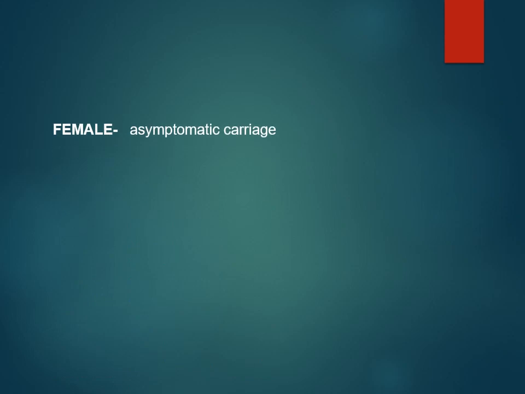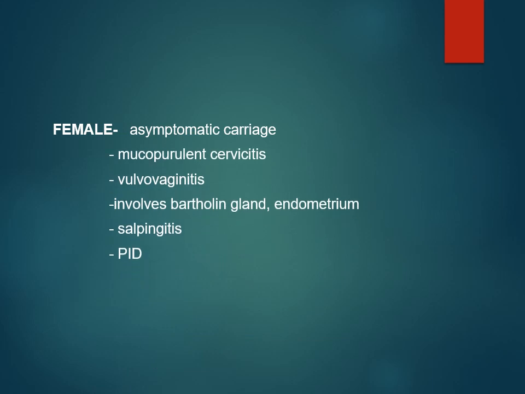In females, usually there is asymptomatic carriage, that is, they do not know that they have the infection and they are acting as carriers. If they are symptomatic, there will be inflammation of the cervix along with discharge, that is mucopurulent cervicitis or vulvovaginitis, or that can also involve the Bartholin gland, endometrium, and salpingitis.